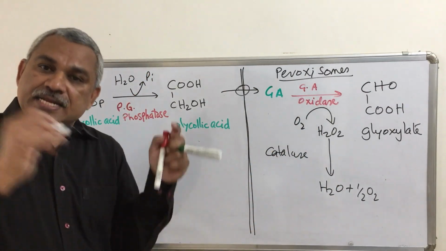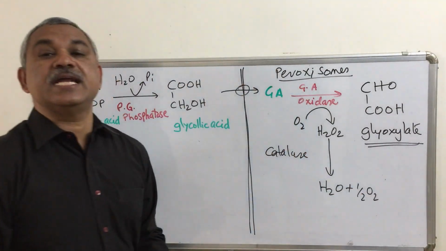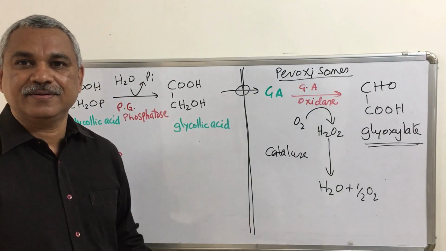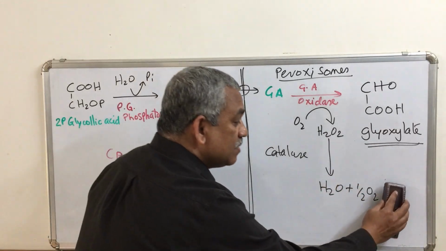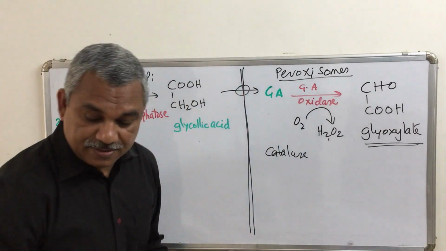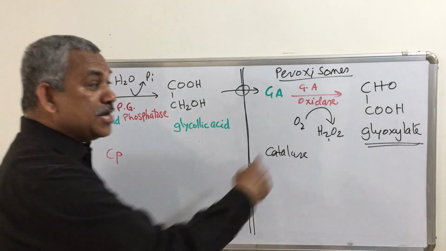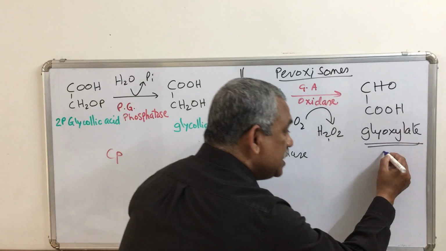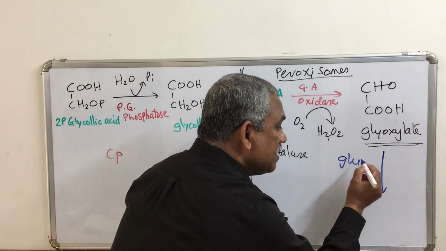In order to understand the pathway, we have this glyoxylate that is formed in the peroxisomes. The next step is very interesting. An amino group is added to glyoxylate, and the amino group is contributed by glutamic acid.